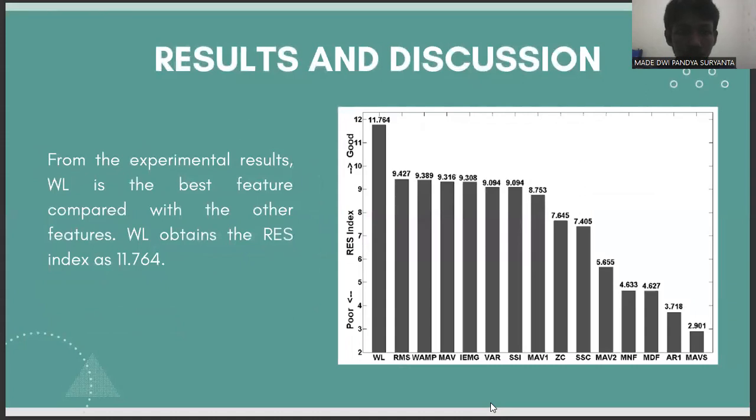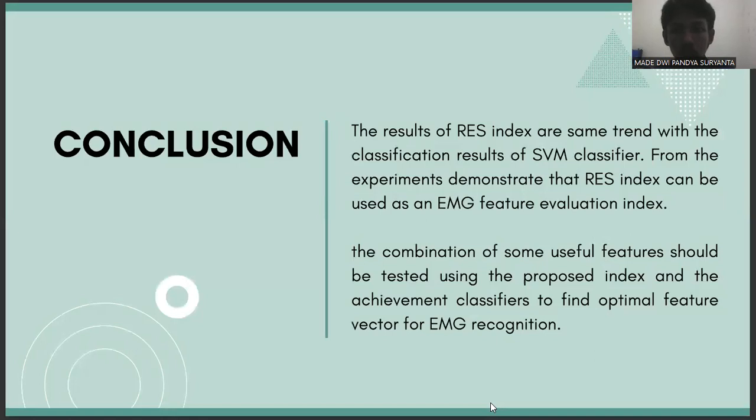From the experimental result, WL is the best feature compared with the other features. WL obtained the RES index of 11,764. Conclusion: the results of the RES index are in line with the classification result of the SVM classifier.